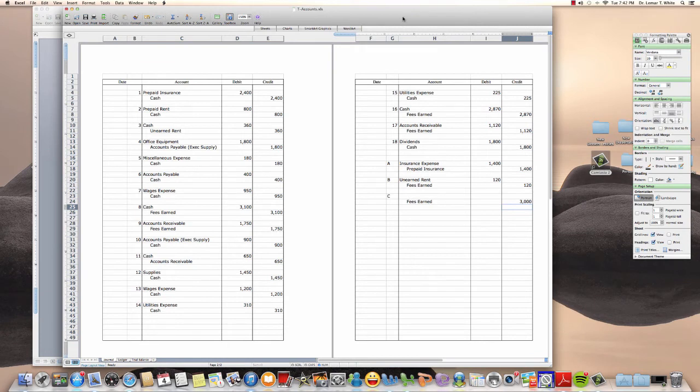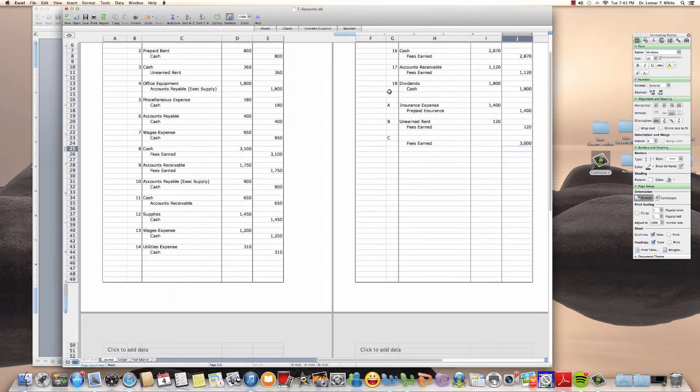Now, since I have not yet billed these customers, which means they have not yet paid me. I've not billed them, they have not paid me. If they haven't paid me, but I performed a service, they owe me. And we know that when someone owes us money, what do we call it?